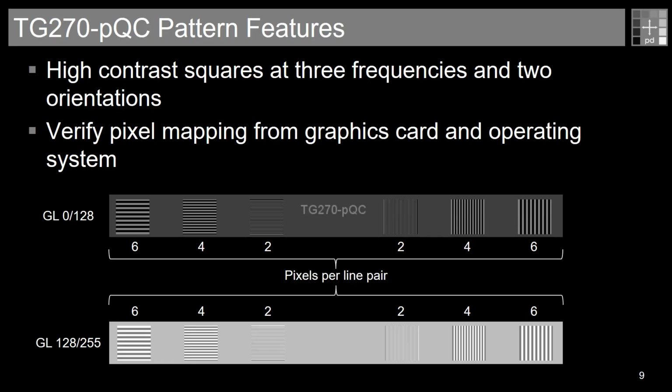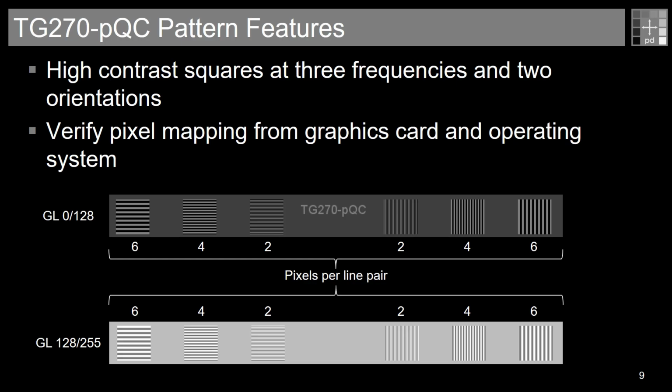Next, let's look at the top and bottom sections of the pattern. At the top and bottom sections of the pattern, high contrast squares at 3 different frequencies and 2 different orientations are displayed. Along the top of the pattern, you can see that you have gray levels 0 and 128. And then at the bottom of the pattern, you have gray levels 128 and 255.